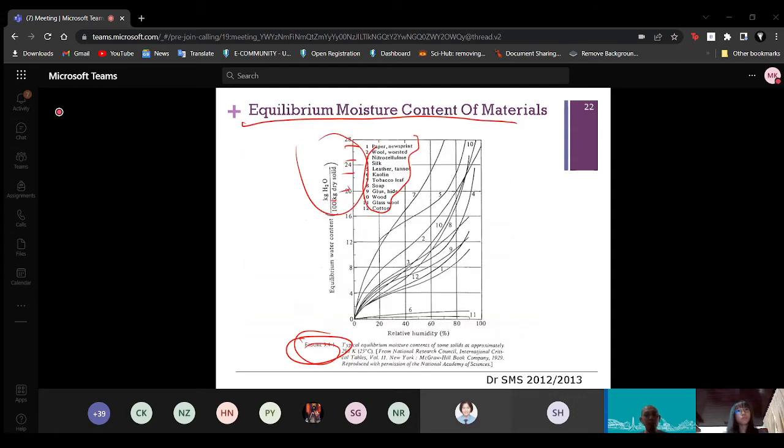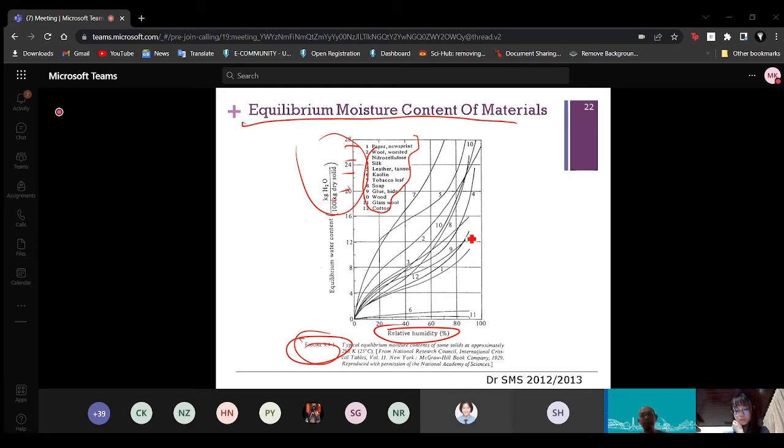You need to know your relative humidity. That's why when you conduct the tray dryer experiment, you need to know the relative humidity of that tray dryer experiment.